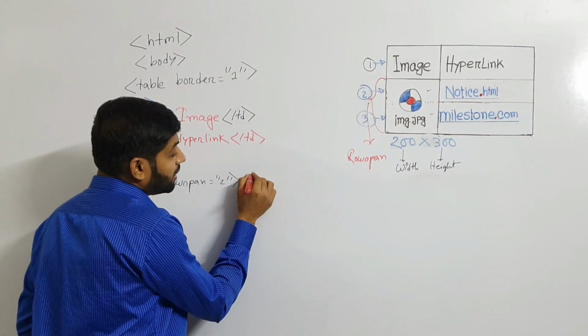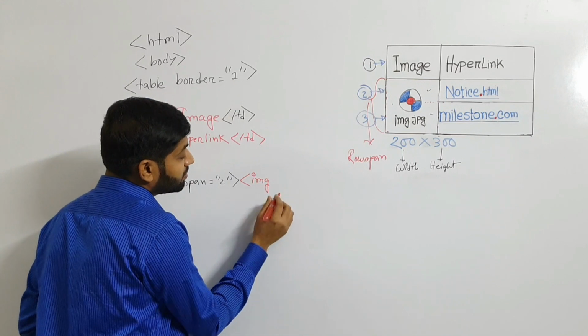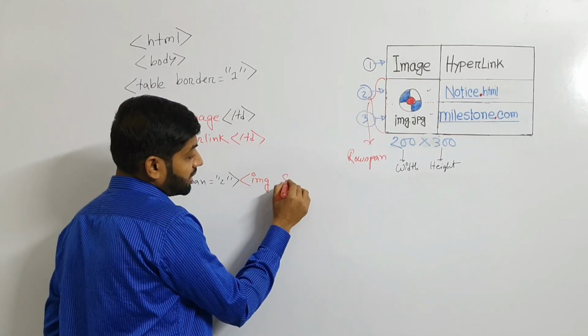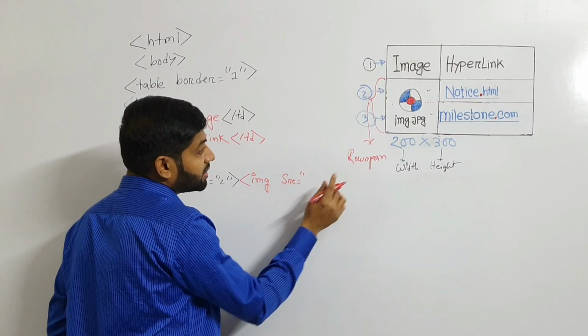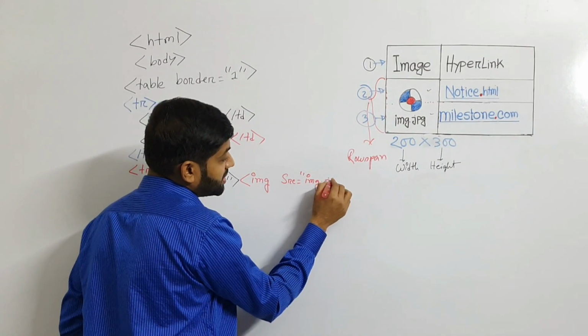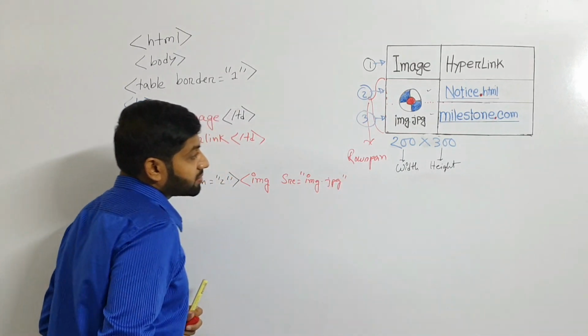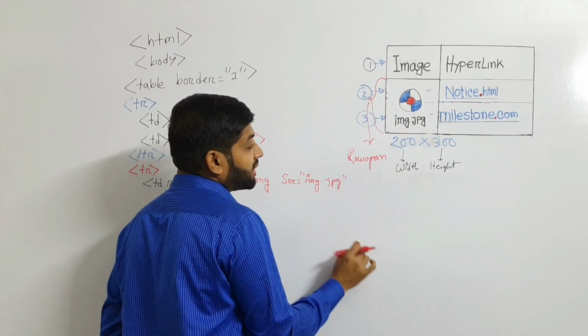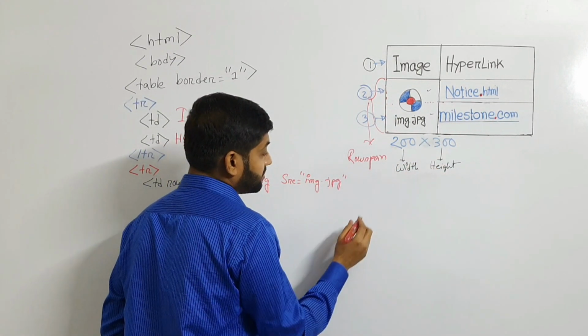So img, then src, source img.jpg, then this 200 for width and this 300 for height.